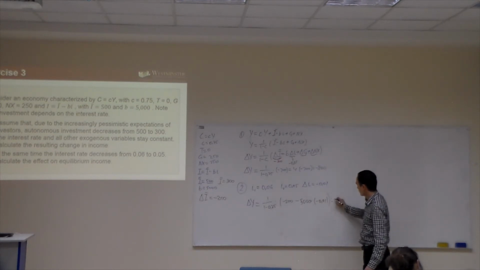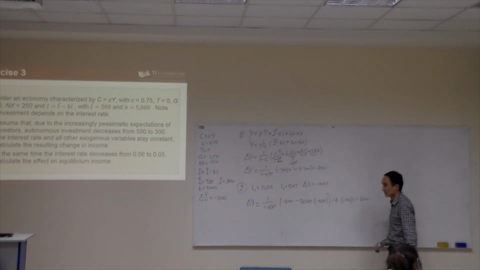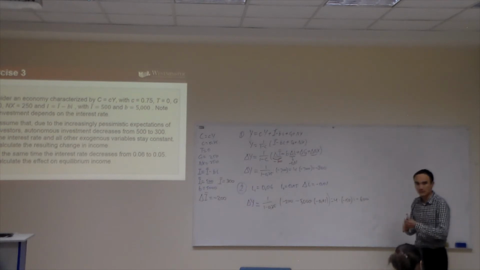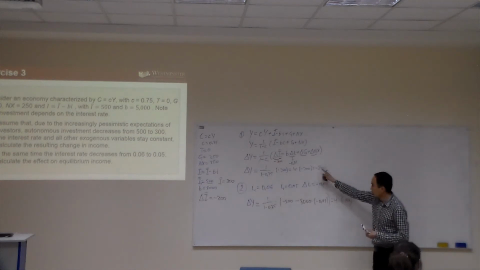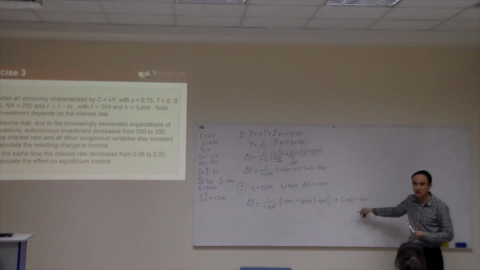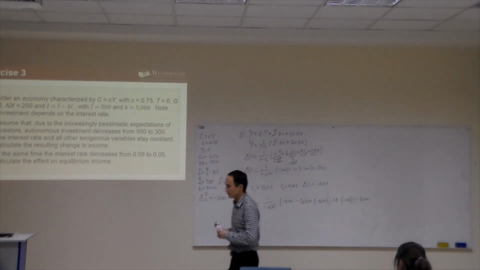So it's equal to 4 times minus 150, which equals minus 600. So with the intervention of the government, with that monetary tool, the government was able to decrease the level of loss by 200. This 200 can be 200 millions or 200 billions of dollars. Okay? Good.